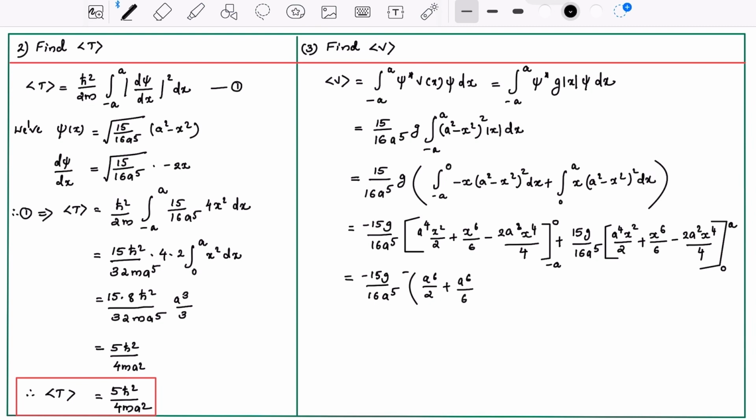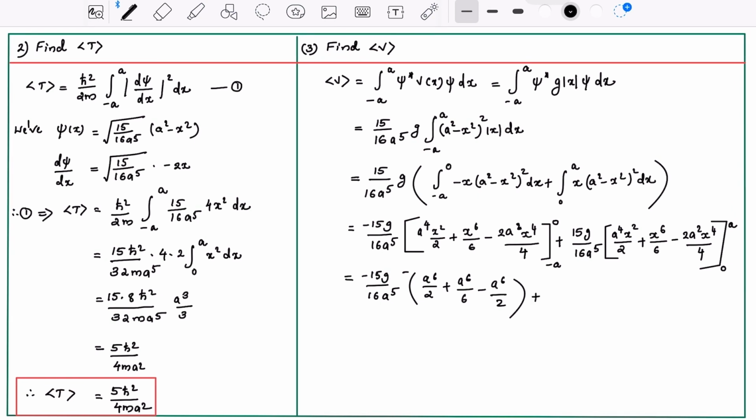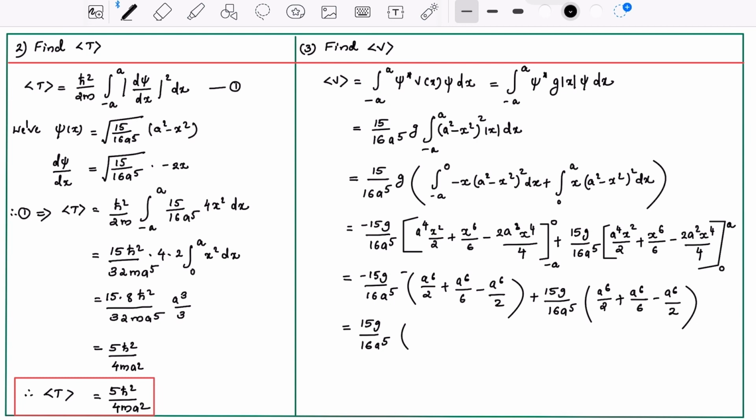The second term within bracket is a raised to 6 by 2 plus a raised to 6 by 6 minus a raised to 6 by 2, plus the second term 15 g by 16 a raised to 5, then apply the limit: a raised to 6 by 2 plus a raised to 6 by 6 minus a raised to 6 by 2. The first and third terms will cancel in both integrals. Therefore, our answer is 15 g by 16 a raised to 5 into 2 times a raised to 6 by 6.